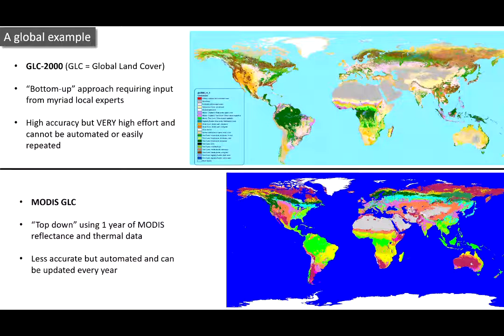So taking a step back before we dive in, what are some of the common uses of this? There are myriad classifications, but these are commonly used ones at the global level. And so what you're seeing here are all the different classes that are being mapped.